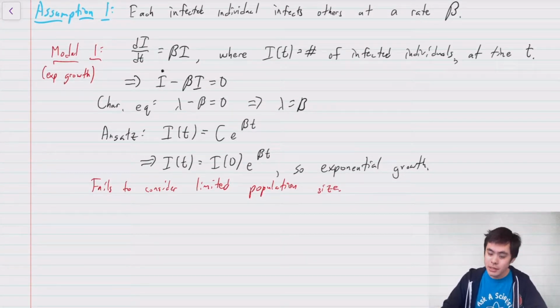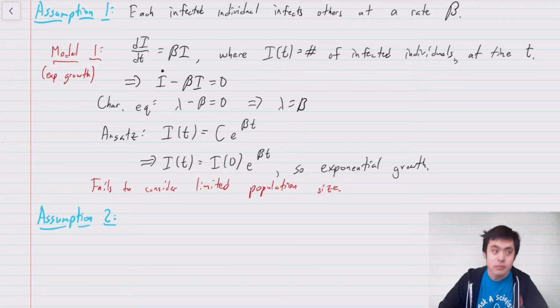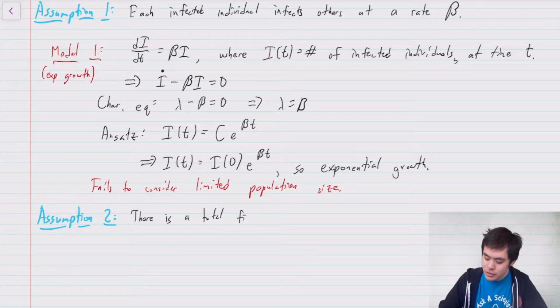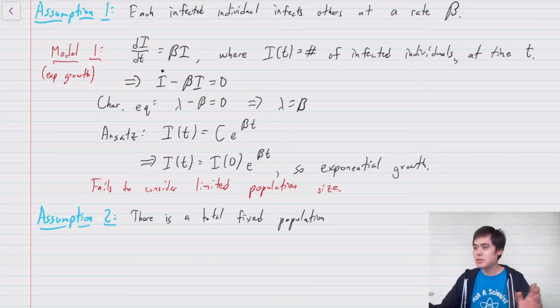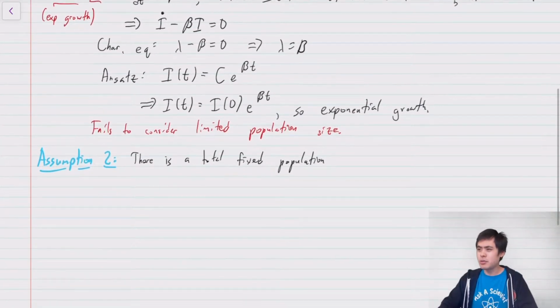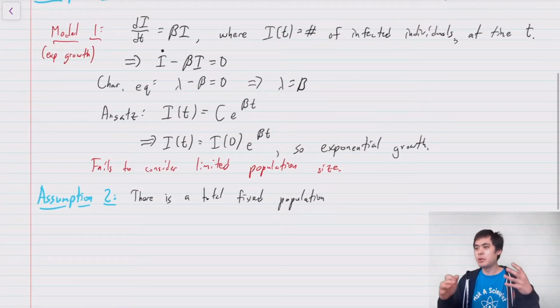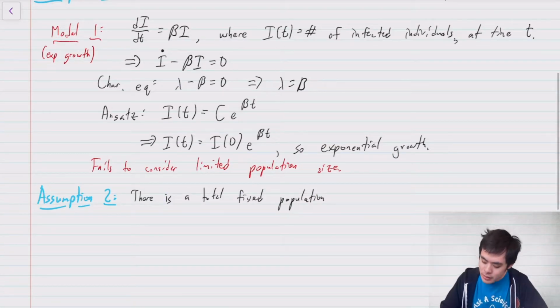So let's go ahead and add a second assumption, assumption 2: there is a total fixed population size. We're only going to work with fixed population size models in today's lecture, just because things get a little bit more complicated when the population size can change.